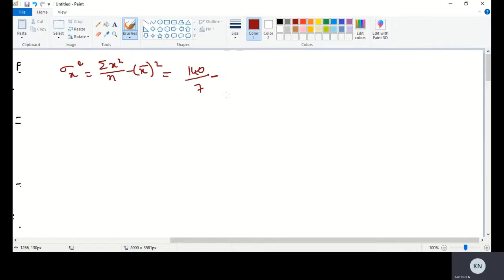X bar is here 4, then 4 whole square. Simplify here: 140 divided by 7 minus 16, which is 140 by 7 minus 4 whole square.